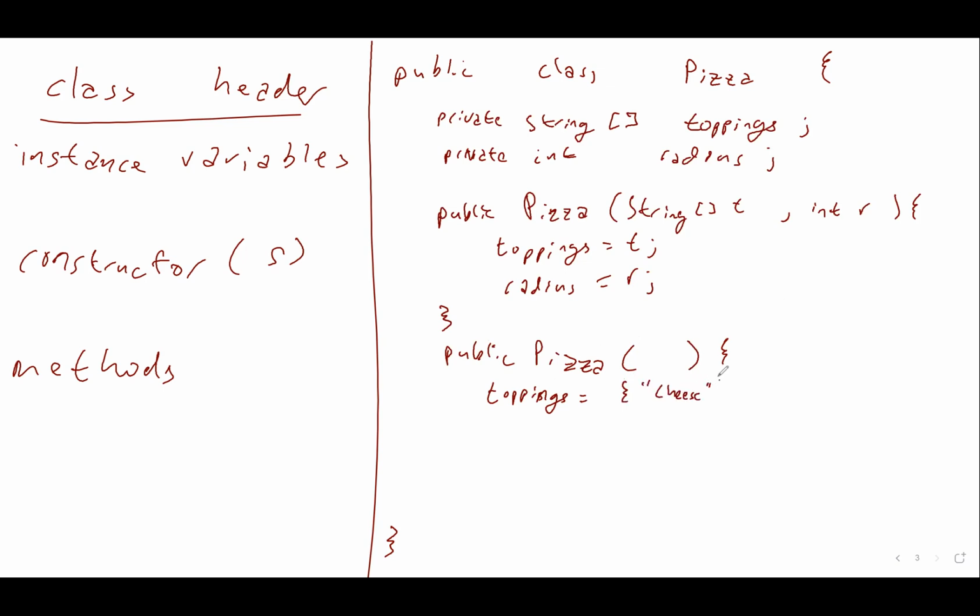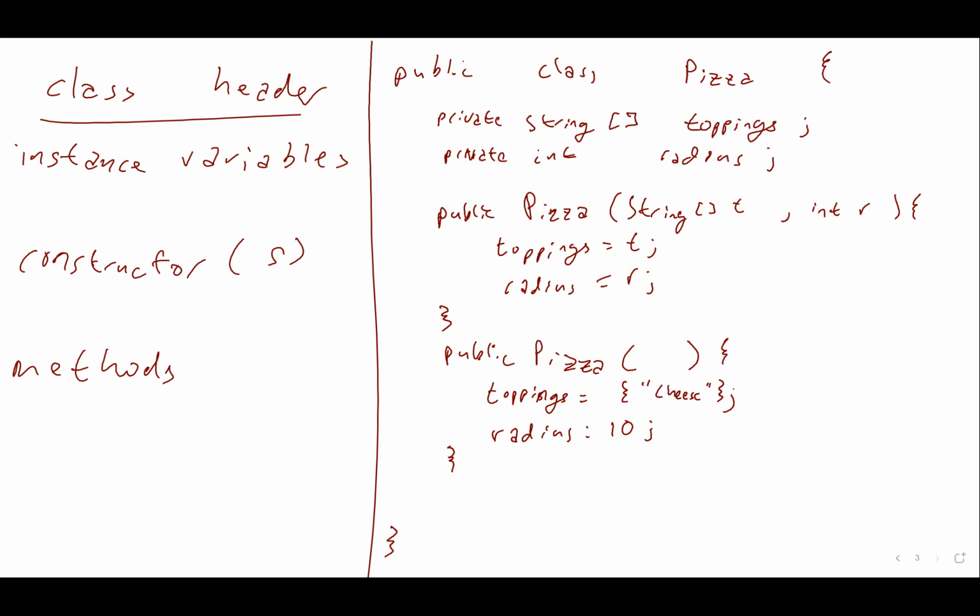Our default pizza is just a cheese pizza, so that's the only topping. And our radius, let's give that the radius of 10. I don't know. That seems like a decent size for a pizza. So our default constructor, we get no parameters, but we still need to initialize all of our instance variables. So we're going to give them a default value.